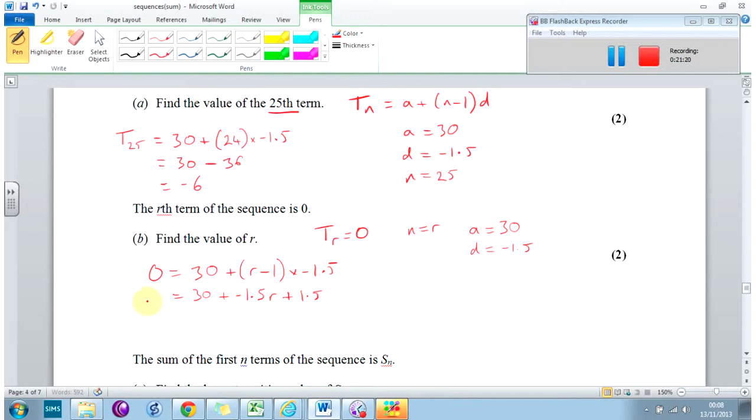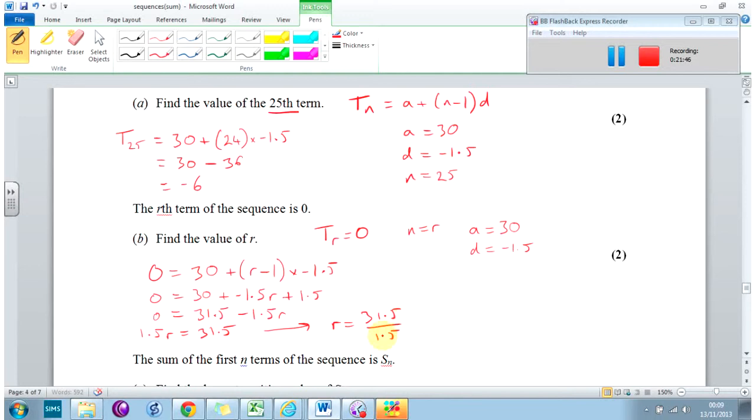And it's 0. So that is 0 equals 31.5 minus 1.5r. Add that over, we've got 1.5r equals 31.5, and that implies that r is 31.5 divided by 1.5.